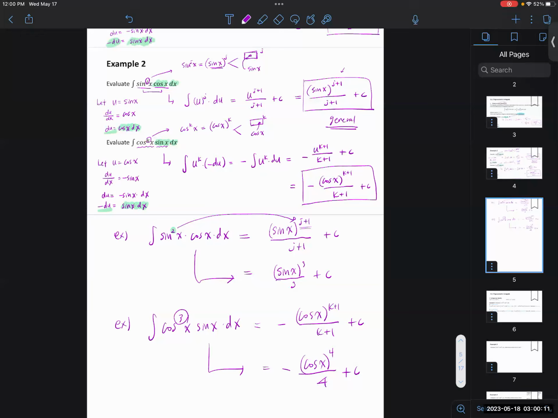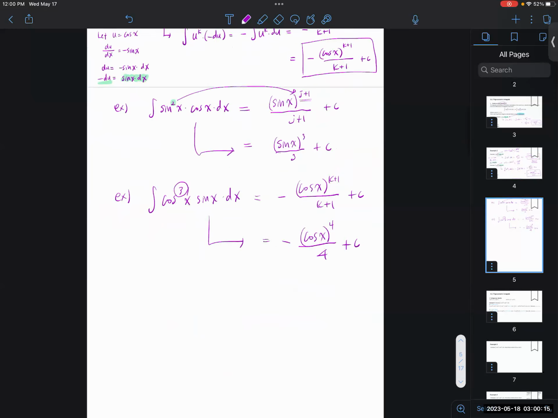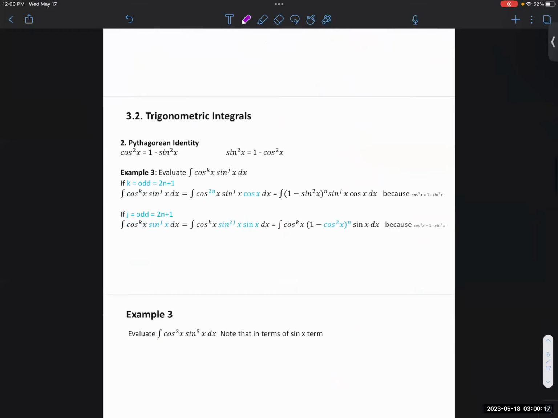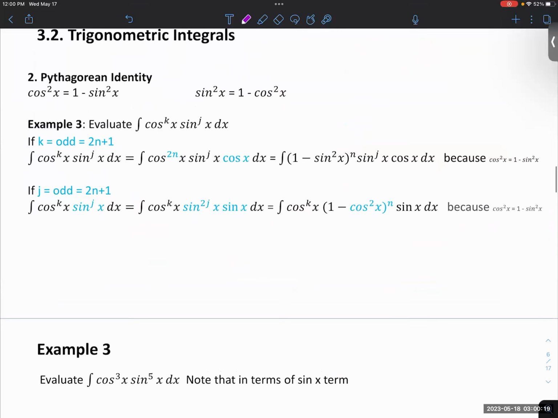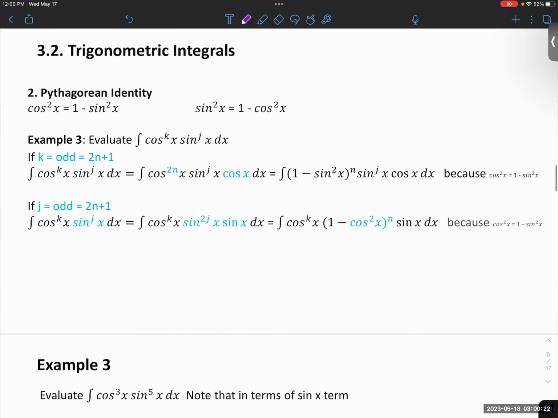So now we have a more challenging question. Ooh, are you guys ready? So here we go. What if I have a power in both the cosine and sine functions?